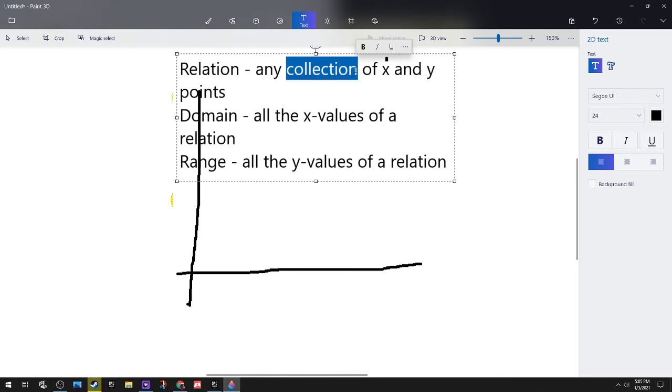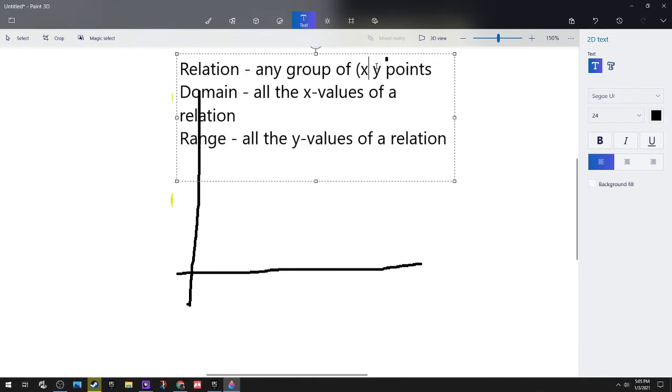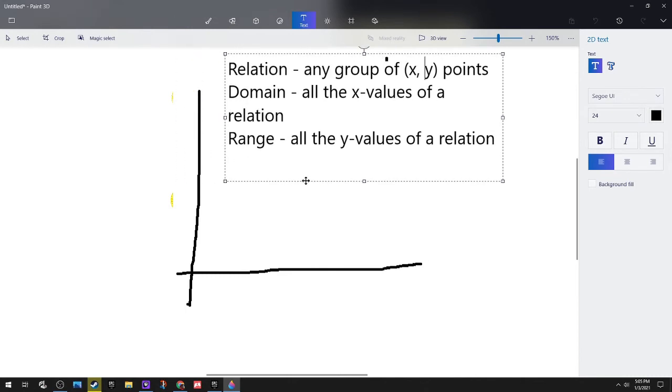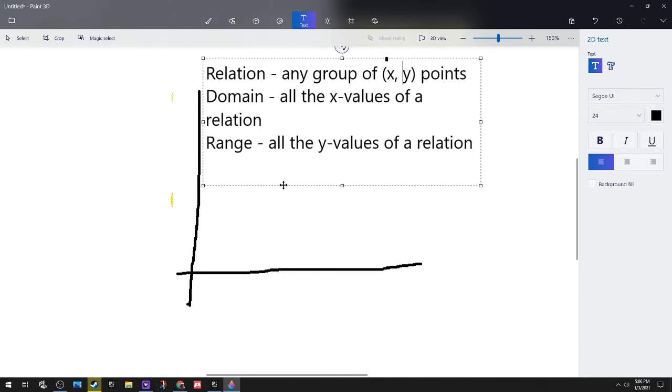So you can even say any group, if that's a better word, any group of x, y points. So if you want to write it like that, you can do that. The reason why I'm not giving you the straight up math definition is because so many times people get confused by the official math definitions. I'm trying to give you common English ways to think about this.